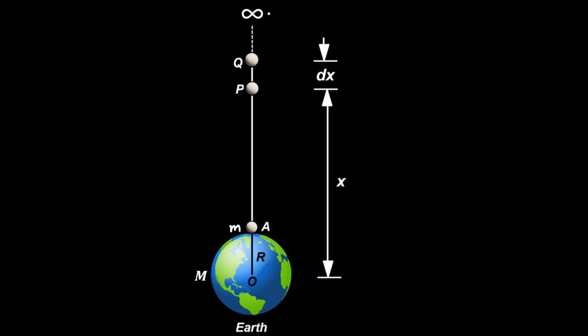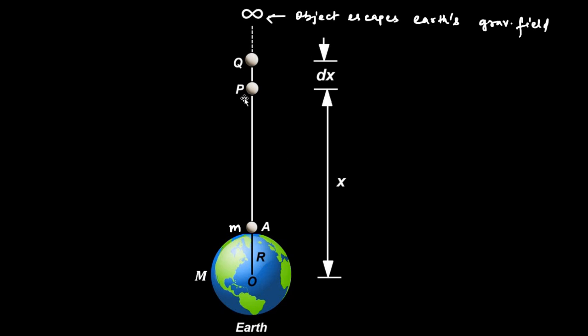Now this infinite separation ensures that this object escapes Earth's gravitational field. So when the object of mass small m is at point P, the separation distance from the center O is denoted by small x.